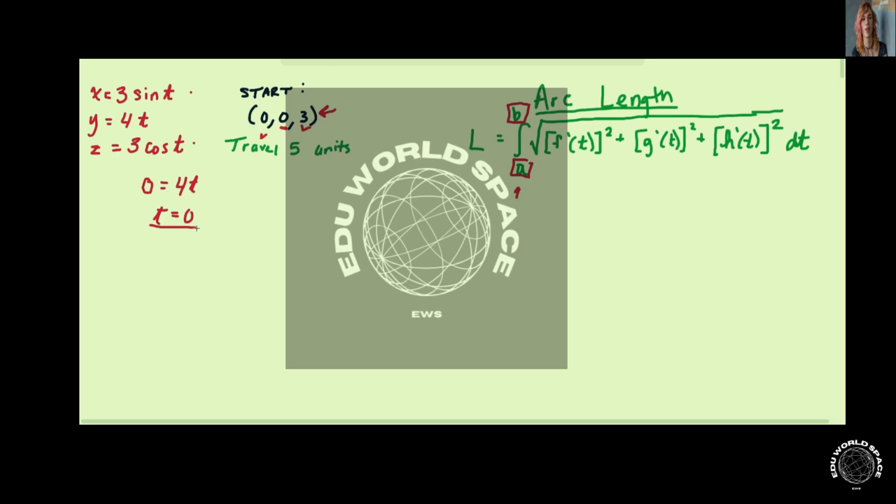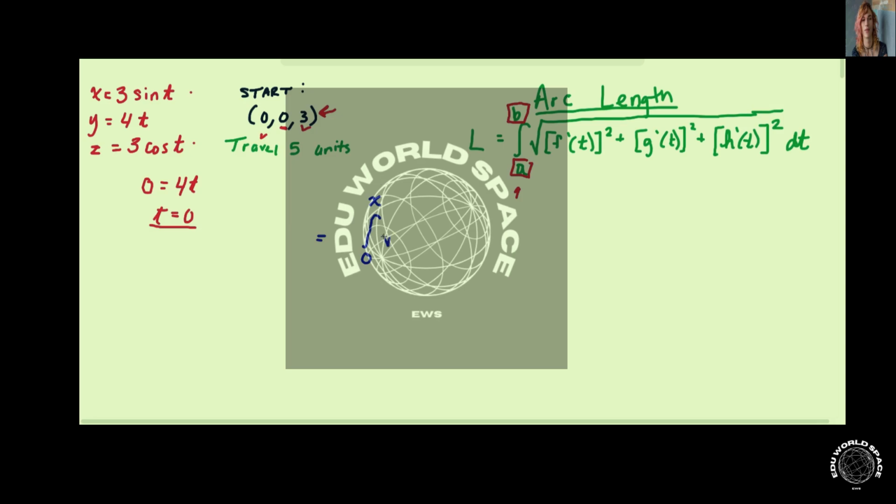So now we know our starting t value, and we can start to set up this equation. Let's do it in blue. We know our starting t value. We don't know our ending bound, or ending value of t. That's what we're actually trying to find, because that's going to clue us into where this will end. So that's our unknown.